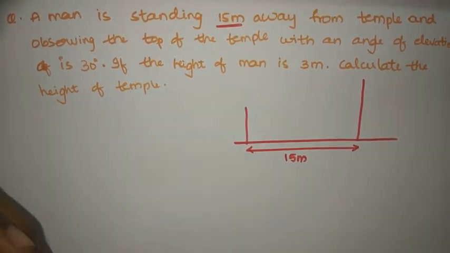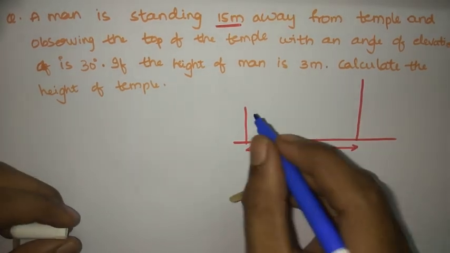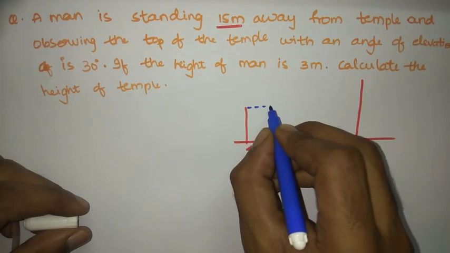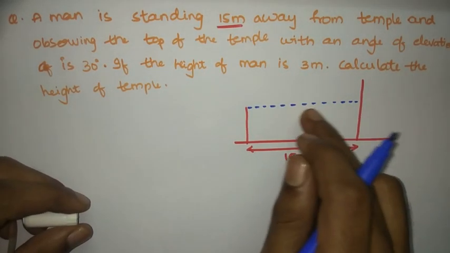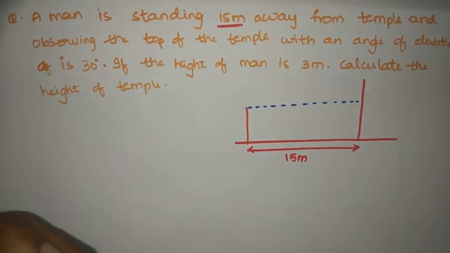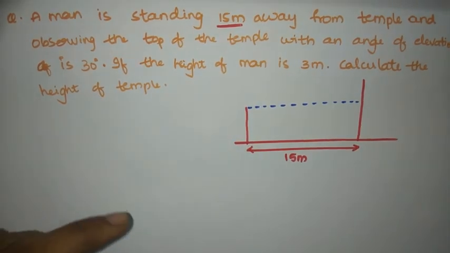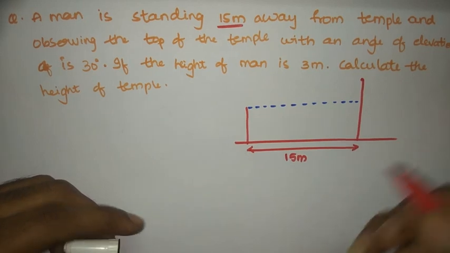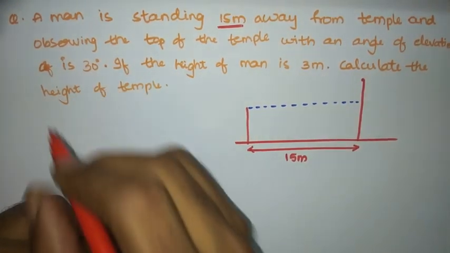I already told you, when there is a person standing like this, we must draw the line of sight. The line of sight will be a straight line parallel to the ground. Also given that he is observing the top of the temple with an angle of elevation of 30 degrees.